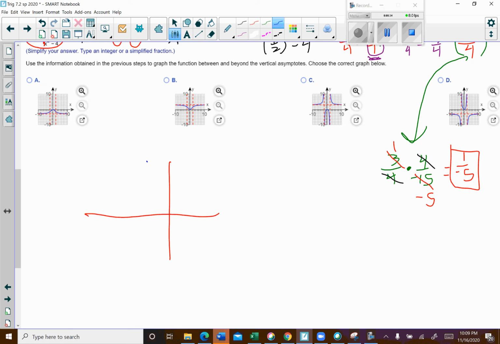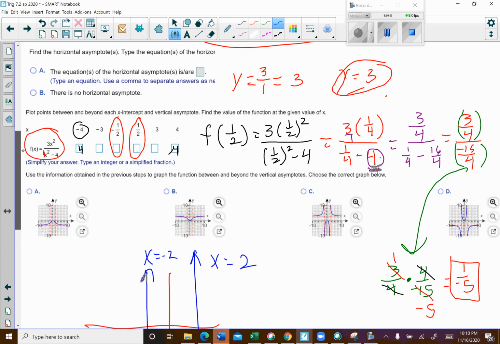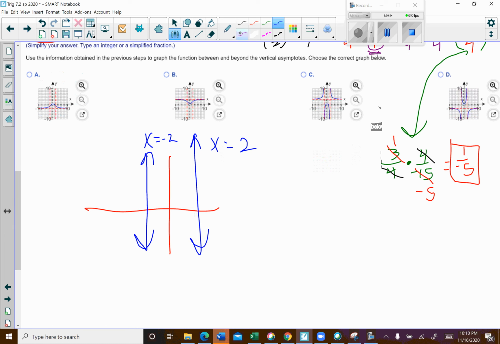So vertical asymptotes, just vertical lines at x equals negative 2, x equals positive 2. And if you look at all the pictures, that's about what I've got going on here. Okay. And then I have a horizontal asymptote at y equals 3, which is roughly about right here.